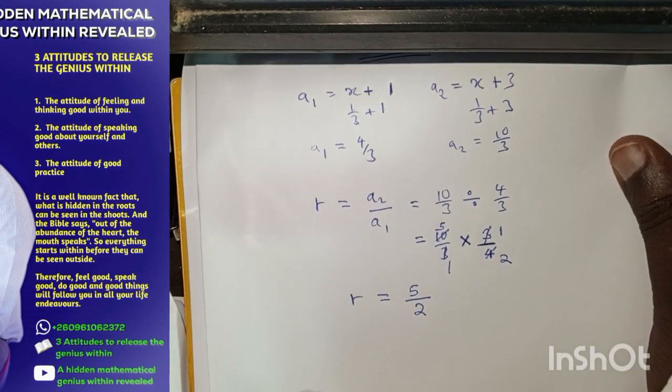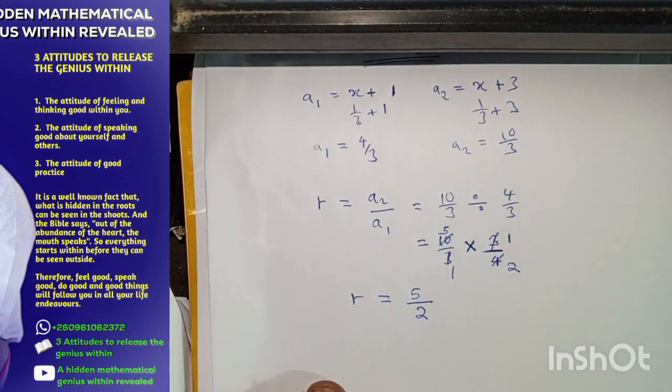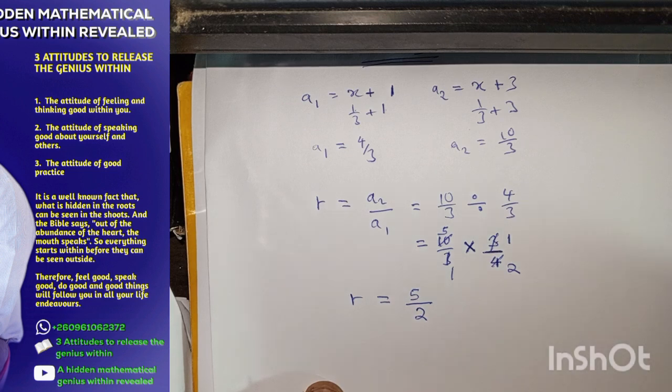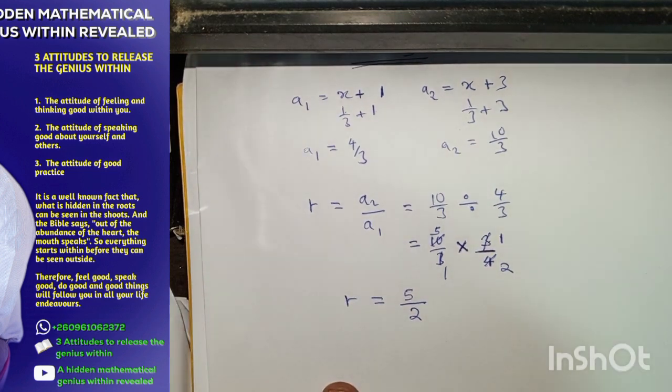Okay, so usually mathematically we don't leave answers as improper fractions. So if a fraction is improper, you change it to either a mixed fraction or a decimal. So let's change this to a mixed fraction.